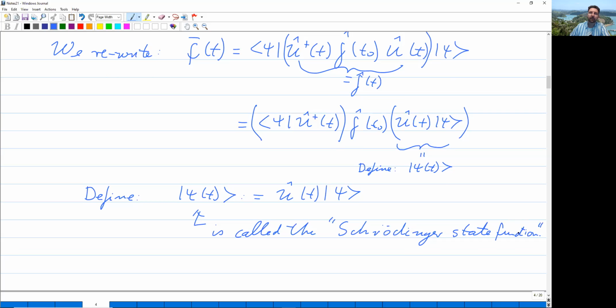So this is the function of the Schrödinger state. It's no longer just the initial state, it's the Schrödinger state. And it is a function of time, so we call it a Schrödinger state function.